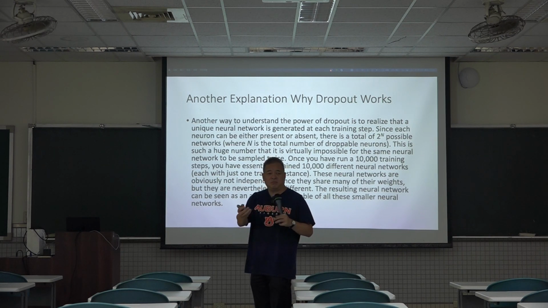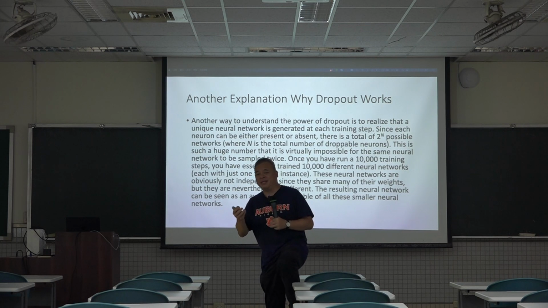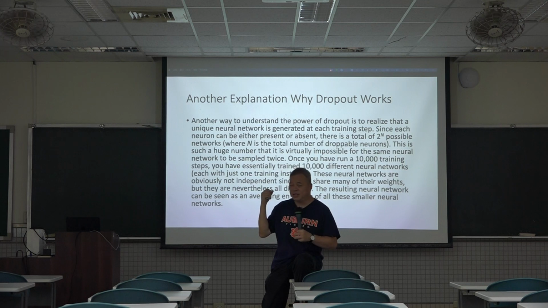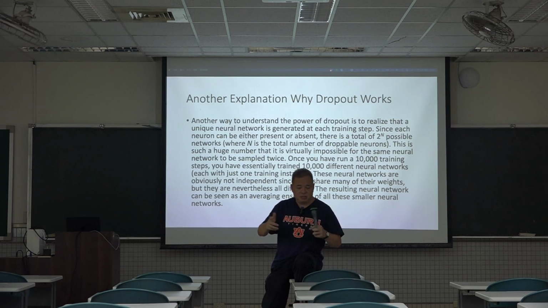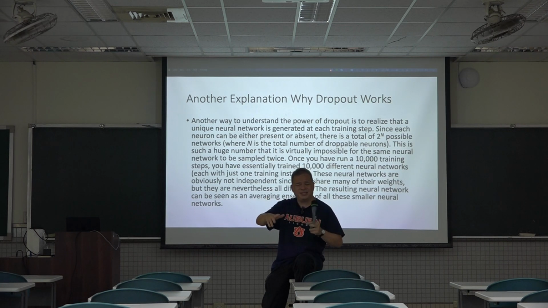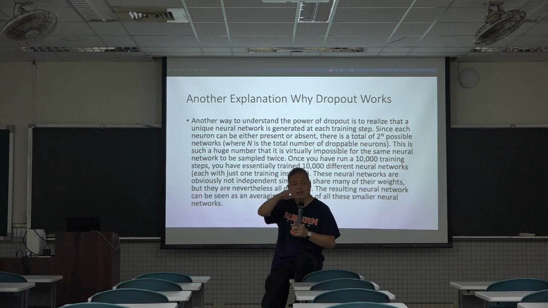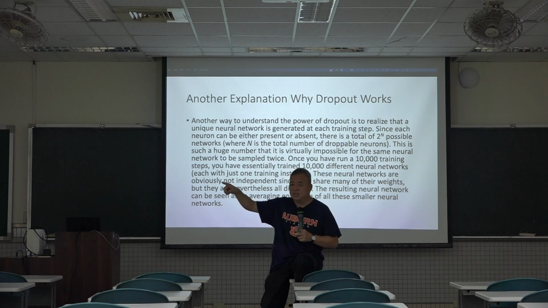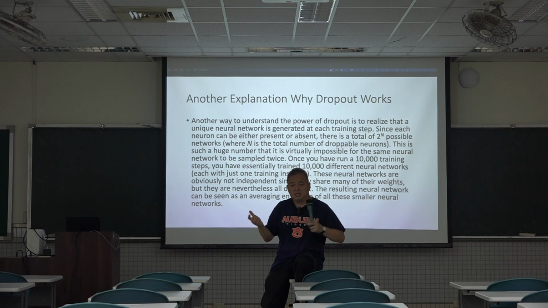I mean the simple combinatorics tell you that, right? So think about this. If you have a couple of hundred, let's say 500 neurons, this is already a very small neural network. 2 to the power of 500 is a gigantic number, right?